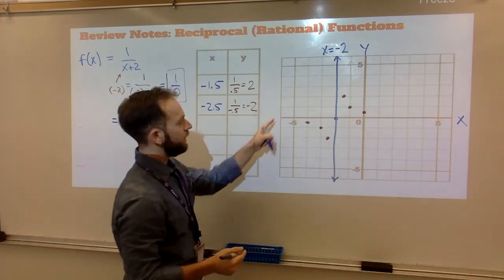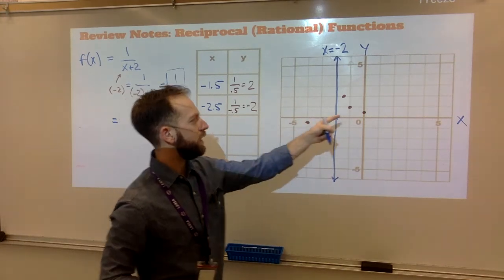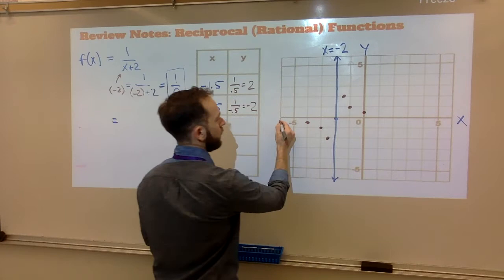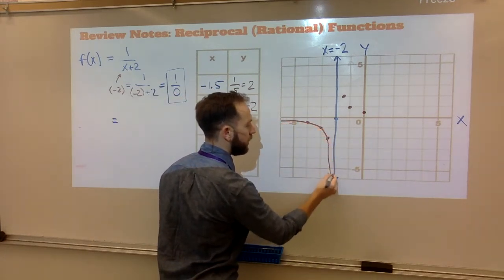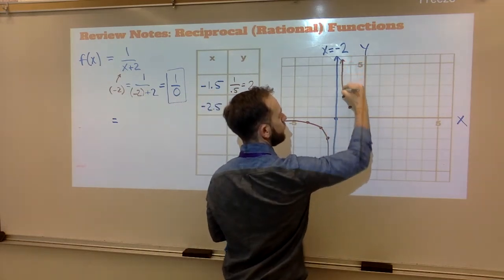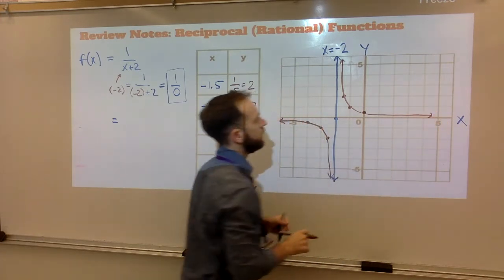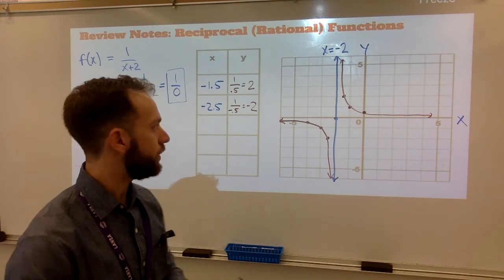As you can see, it gets closer, it decreases on the left side, and it actually is also decreasing on the right side. What you're going to get is a function that follows this curve. There are going to be two lines that it actually never touches, but it gets very close to.